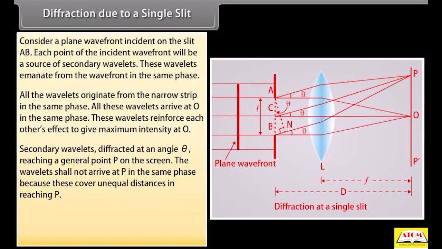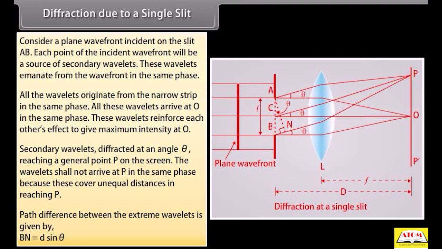Secondary wavelets diffracted at angle theta reach a general point P on the screen. The wavelets shall not arrive at P in the same phase because these cover unequal distances in reaching P. Path difference between the extreme wavelets is given by BN equal to d sin theta.